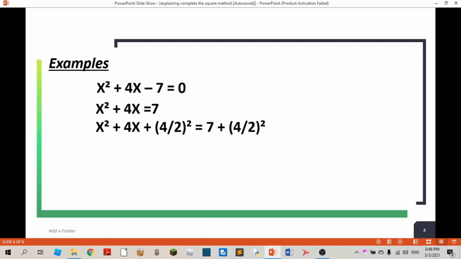Now big B here is 4, while a is 1, which means b is equal to 4 divided by 2, and the equation would be x squared plus 4x plus 4 divided by 2 with the power of 2 is equal to 7 plus 4 divided by 2 with the power of 2, which equals x squared plus 4x plus 2 squared is equal to 7 plus 2 squared.